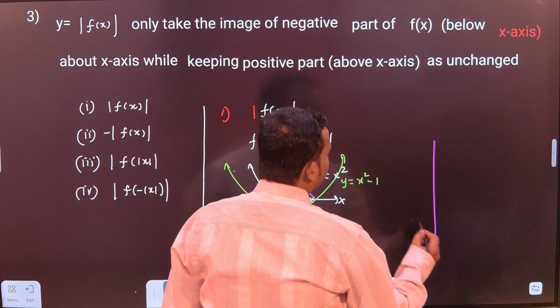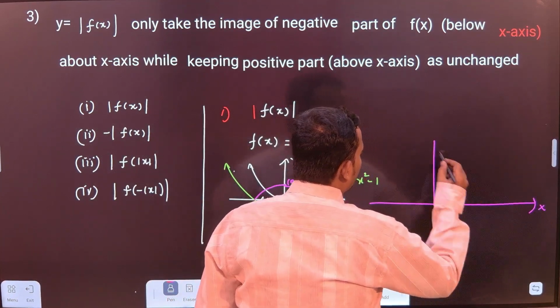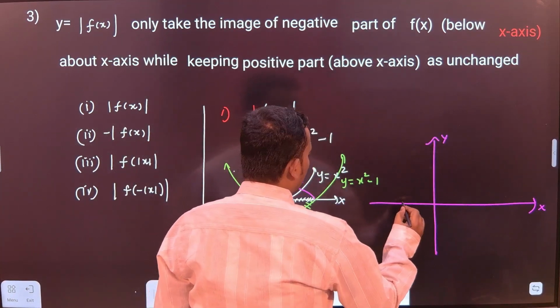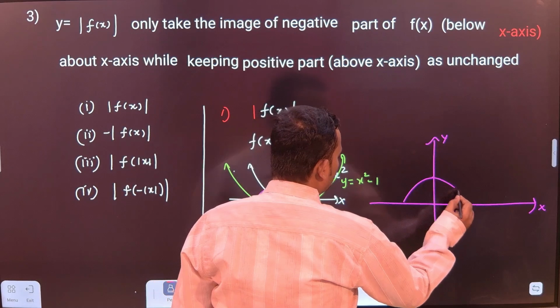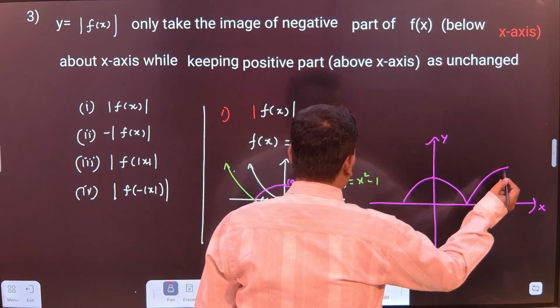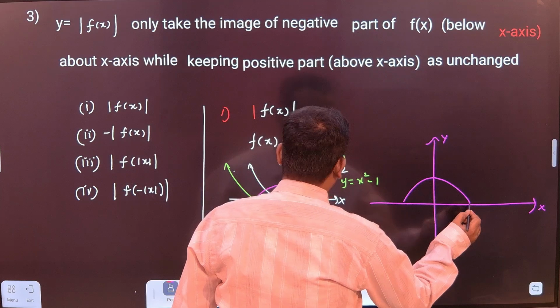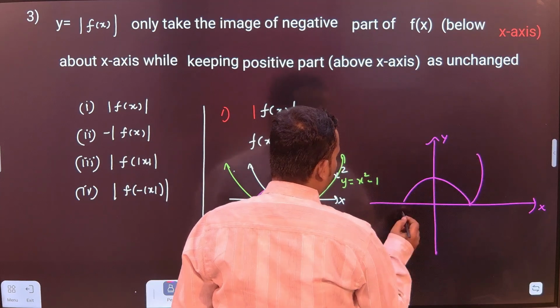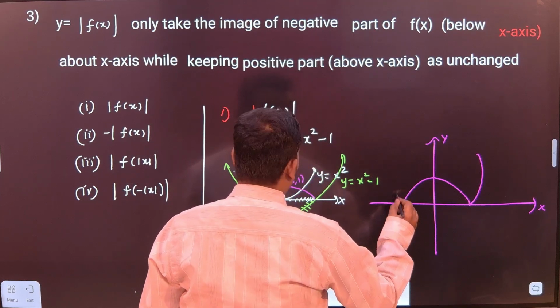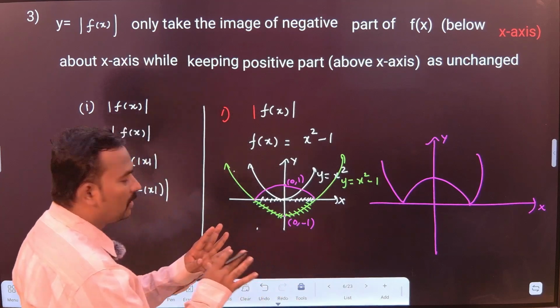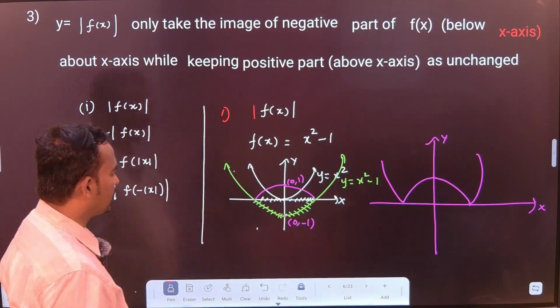The graph is what? This x axis, this y axis. This graph is like this. Okay, this is the graph of mod f of x, right?